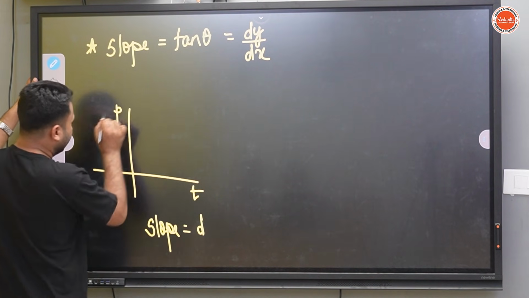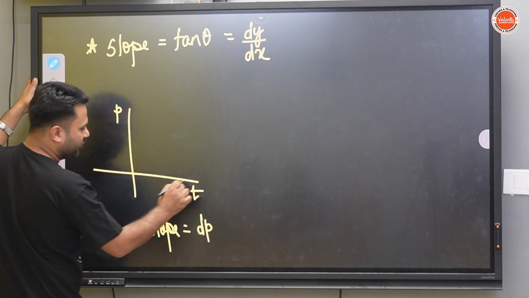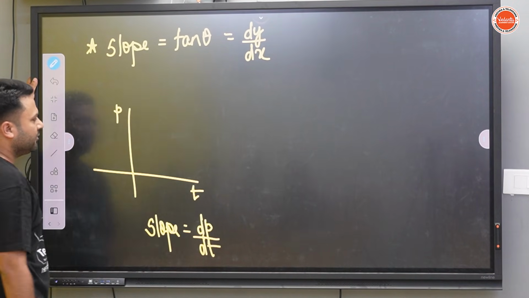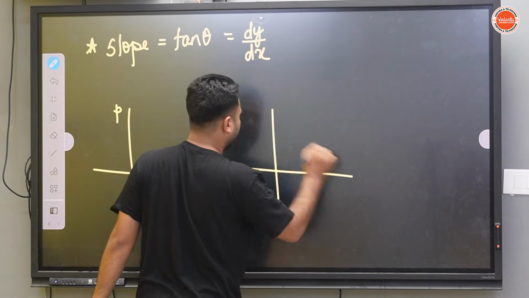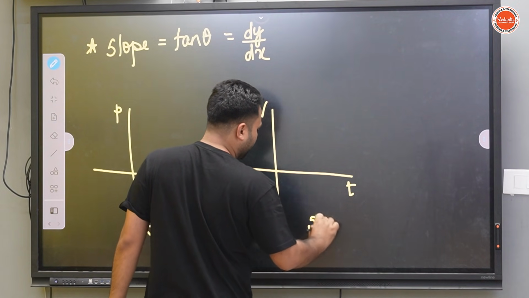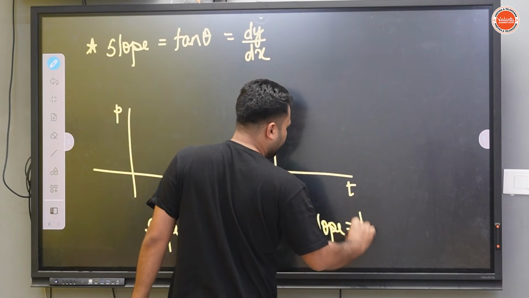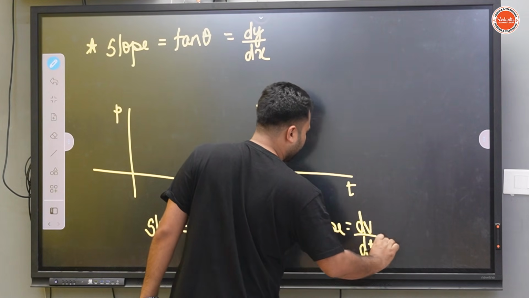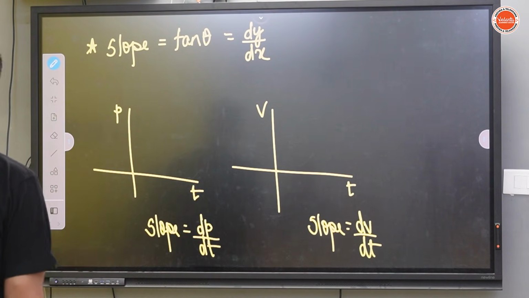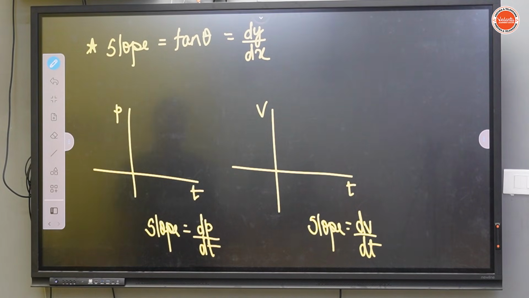In place of y we have P, in place of x we have T, so dP by dt. Similarly, if we have a V versus T graph, so slope will be what? dV by dt. Okay, the slope of this graph will be dV by dt.